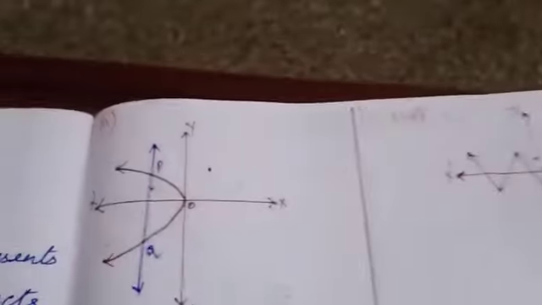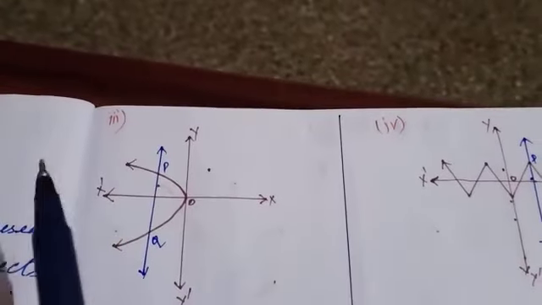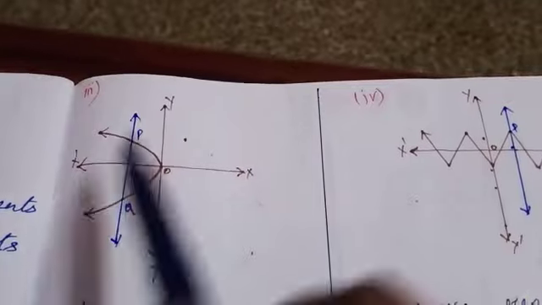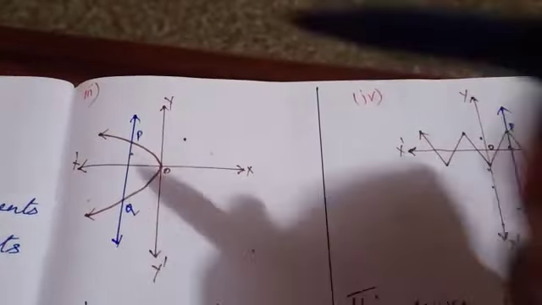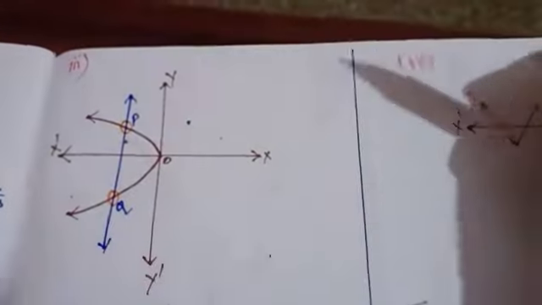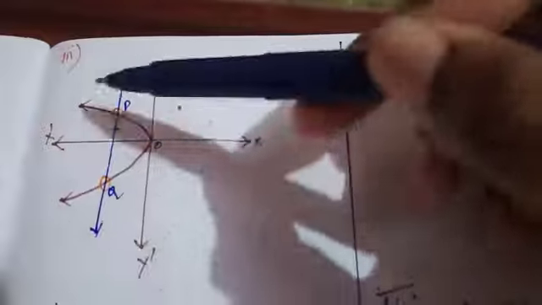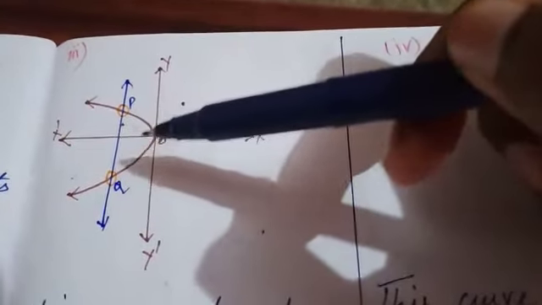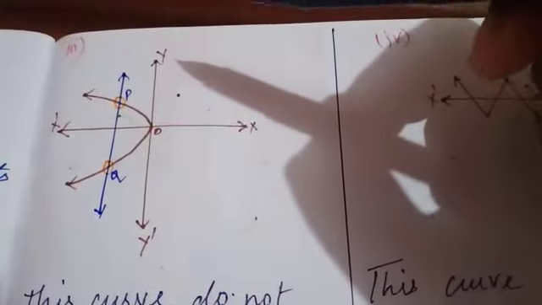Next, third subdivision. This is the curve and this is our vertical line. Here we have one intersection and another intersection. The vertical line intersects the curve in 2 points, so this curve is not a function.